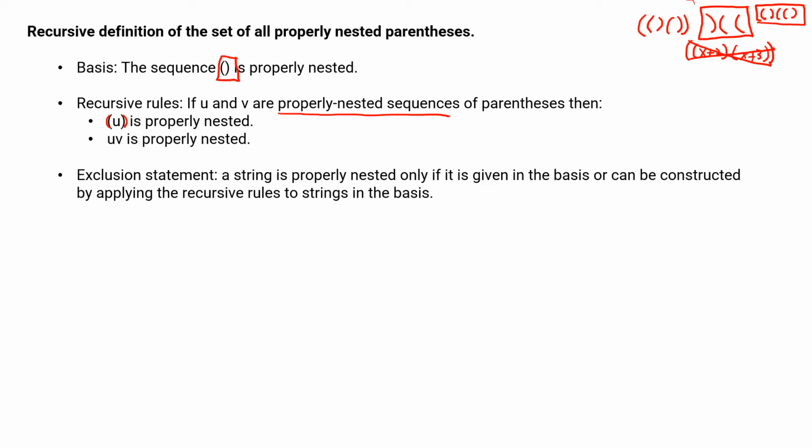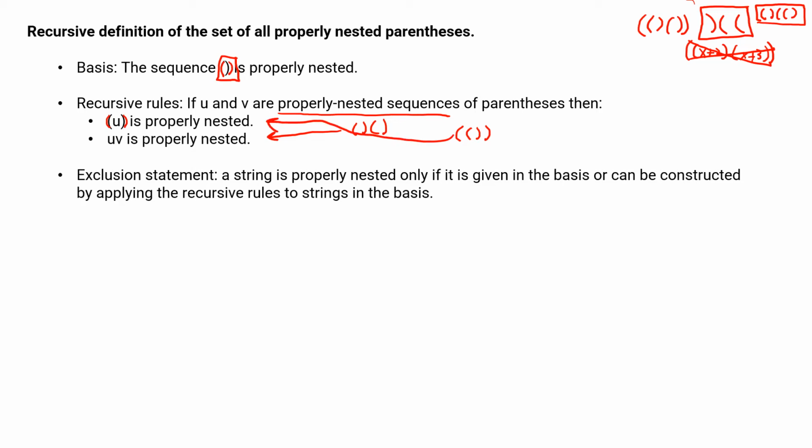Okay, so they're saying that you can get other things besides this very simple basic left-right by doing either of these things. Putting two together like that would be using this rule right here. Or I could start with this basis and then put parentheses around it, and that would be using this rule here.